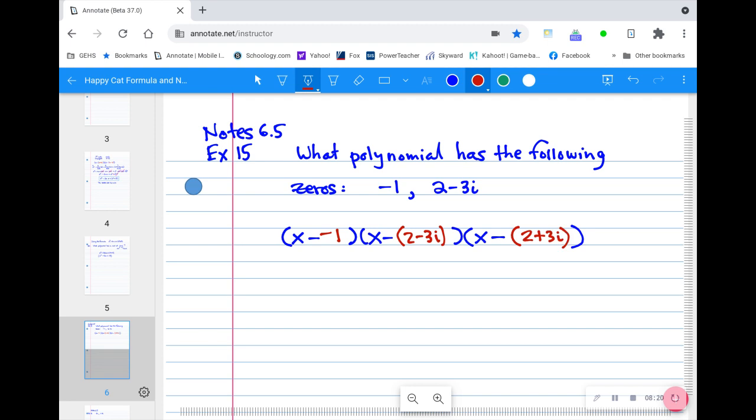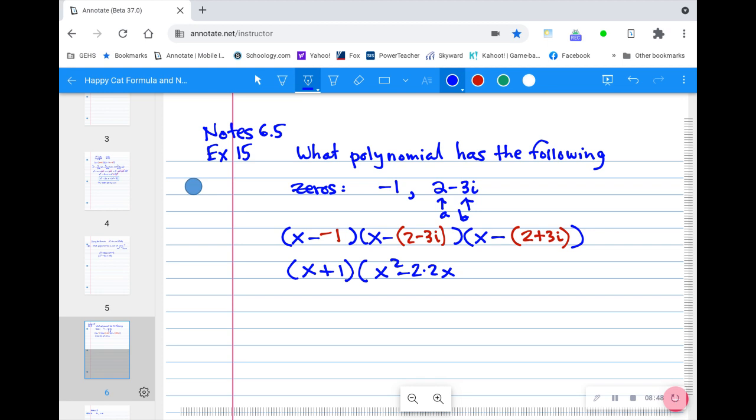And we're going to use the happy cat formula on the back part of this. But first of all, the front, if you have the double negative, is just plus 1. Okay, the happy cat formula would be x squared. And the a value here is 2. The b value is negative 3. So I want negative 2 times the a value in front of the x.